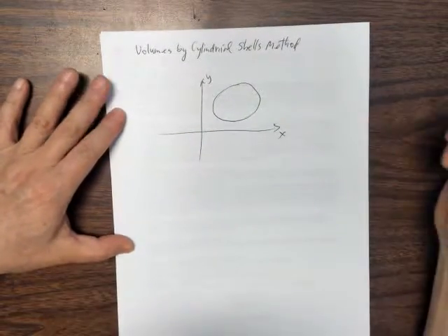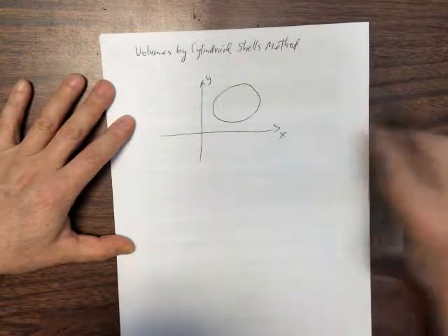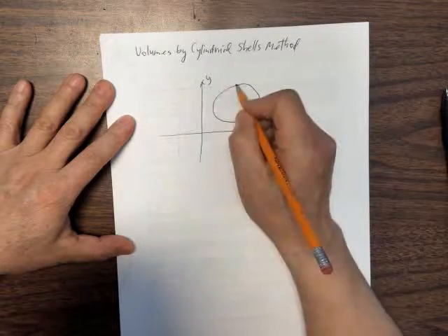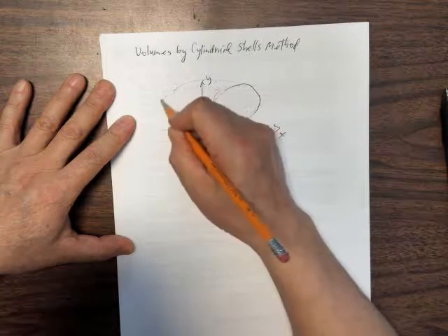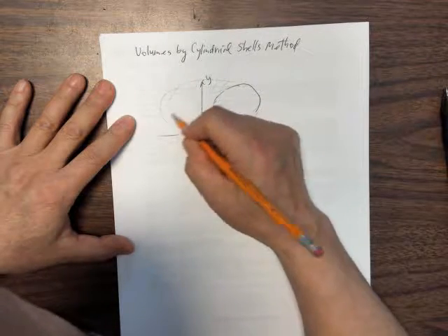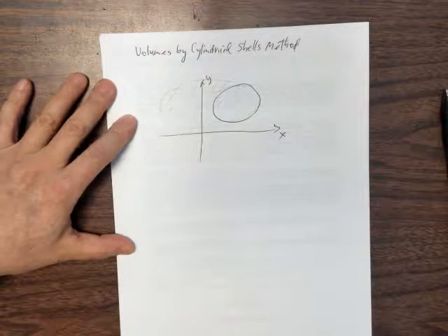Suppose this region is rotating around the y-axis. We would see a solid in the shape of, say, a donut.